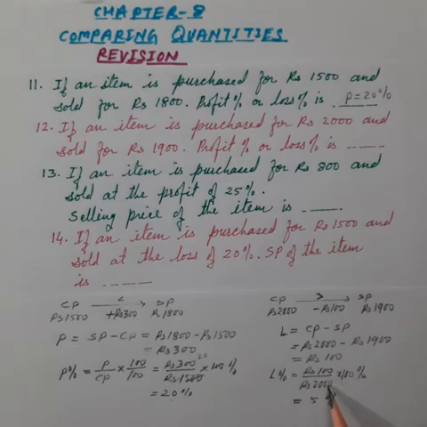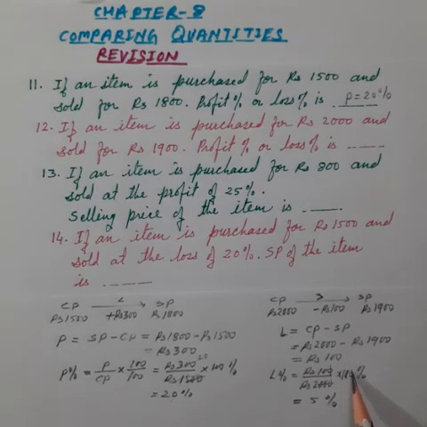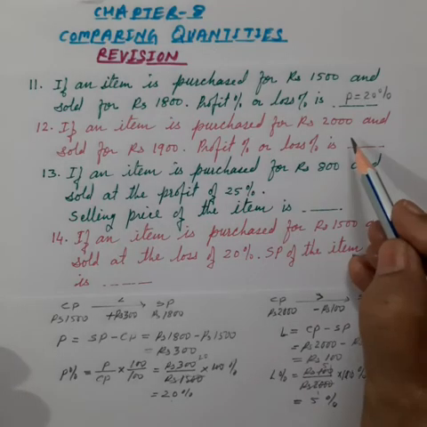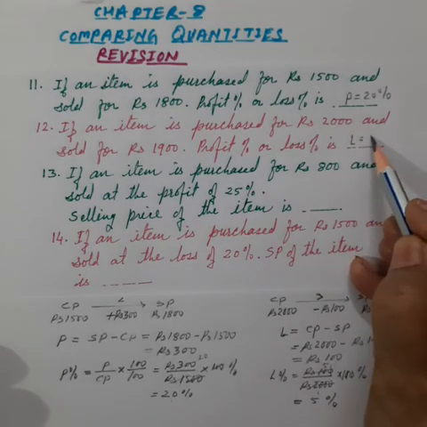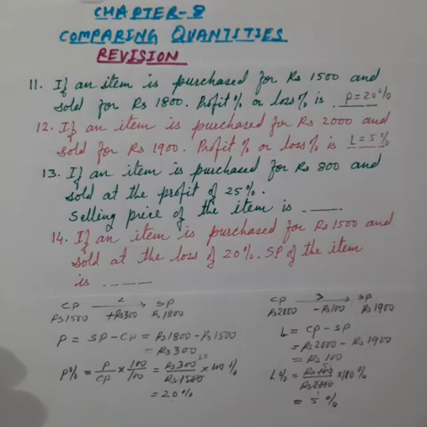Divide both numerator and denominator by 1000. So these 3 zeros from the denominator will cancel with 3 zeros in the numerator, and 2 ones are 2, 2 5s are 10. So the loss we get is 5%.